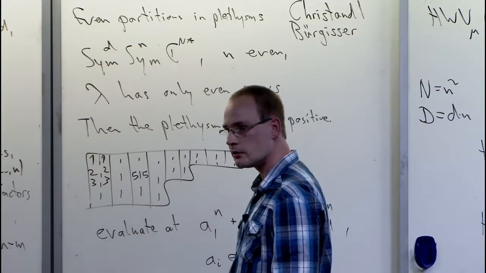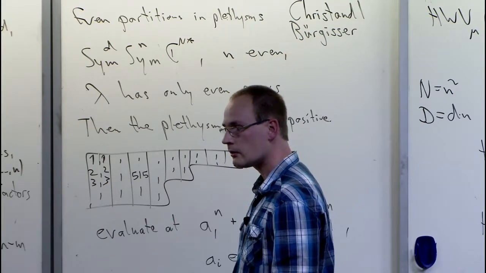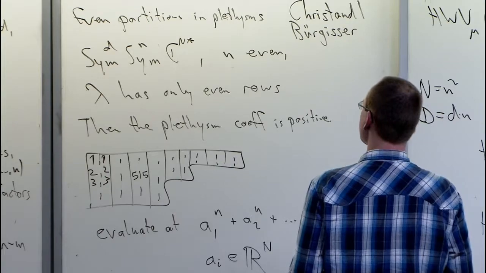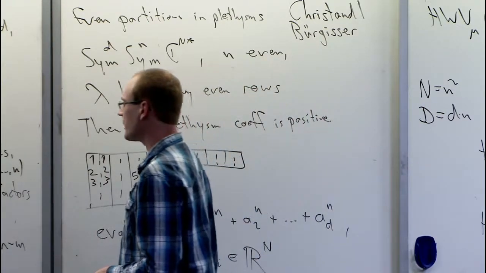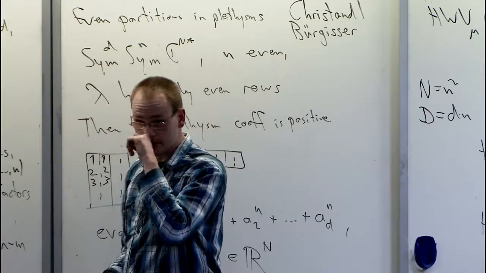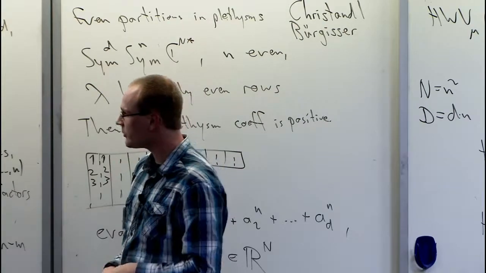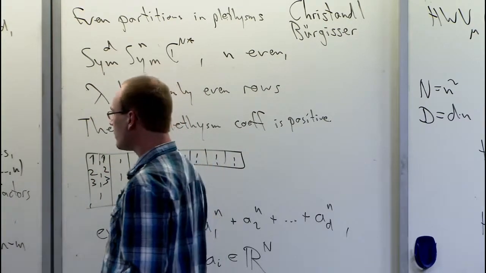Does your evaluation scheme give some heuristic idea of how often these plethysm coefficients vanish, for example? On the basis of this pigeonhole thing, I still don't have an understanding. But you must have done experiments. Well, yeah, we are doing experiments, of course.